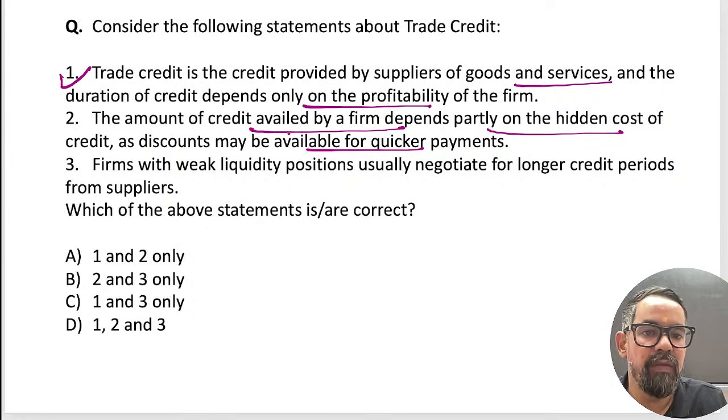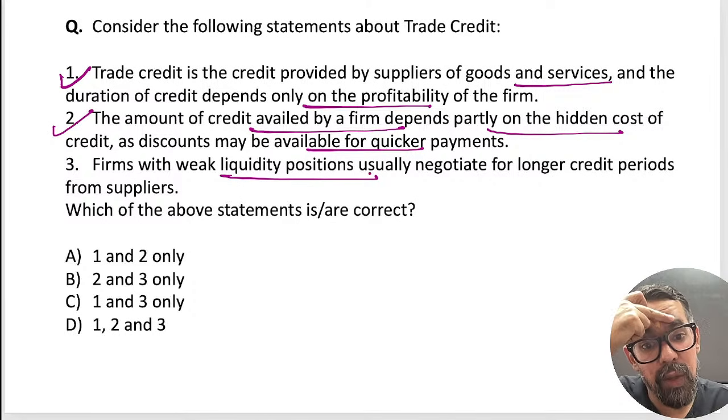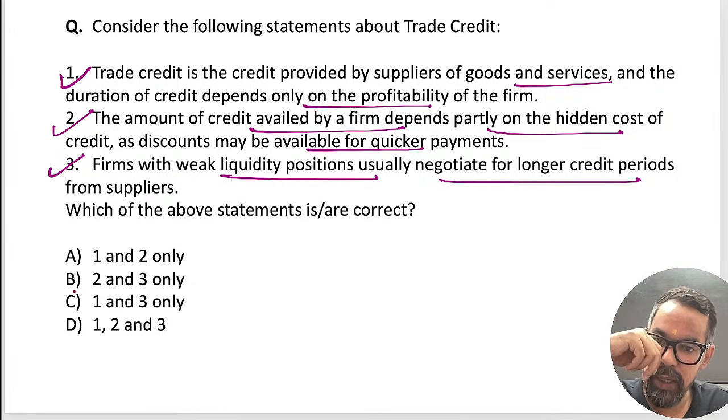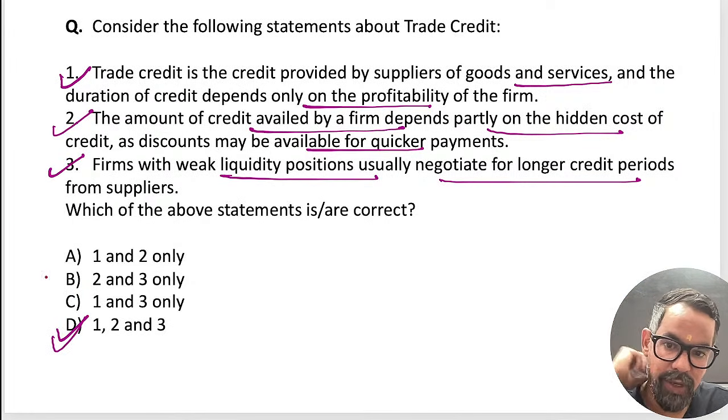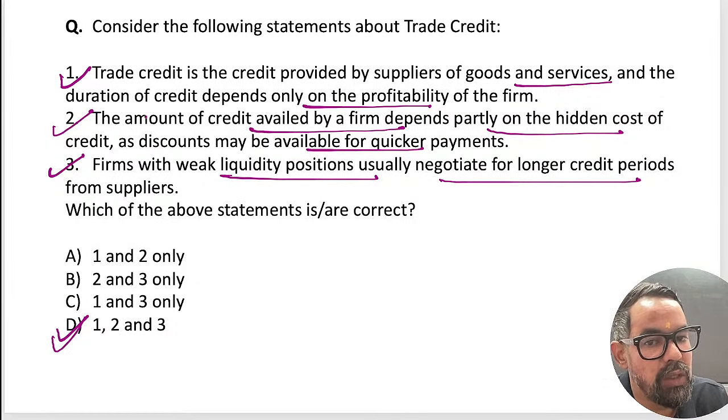Discount may be available for quicker payment. The firm with a peak liquidity position usually negotiates a longer credit period from the supplier. So all are correct here. So D must be the right answer.